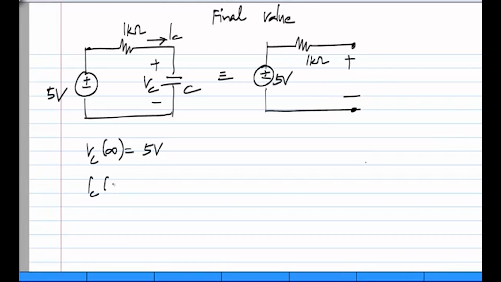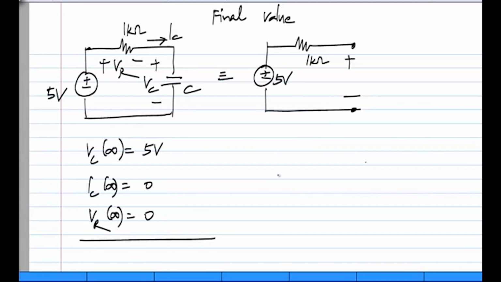So IC of infinity is 0. And similarly, if you are interested in VR, then you can see that VR is also 0 because there is no current through the resistor. So this also can be identified quite easily.